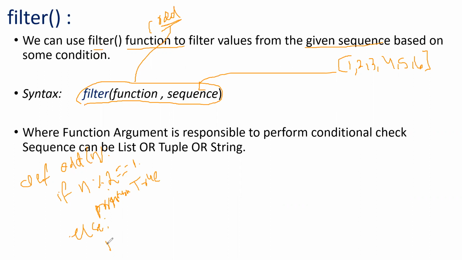The false case is not our requirement because we are focusing only on that one. So we can pass this in here. After applying this, we'll get all the values. This is how it works.